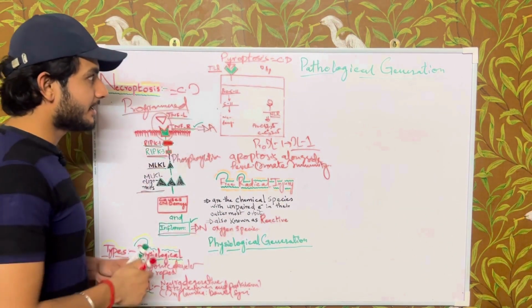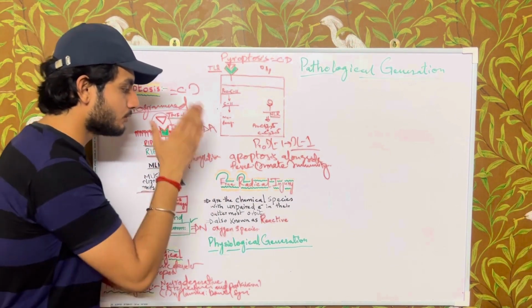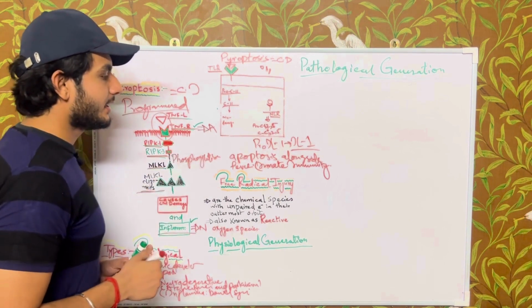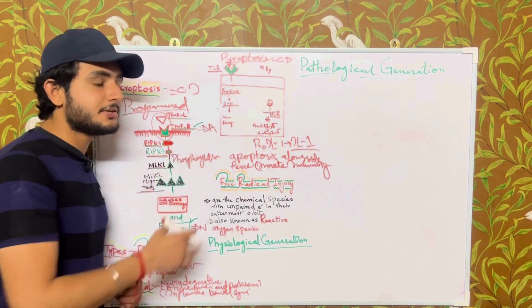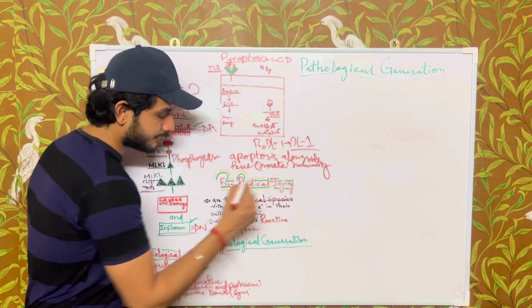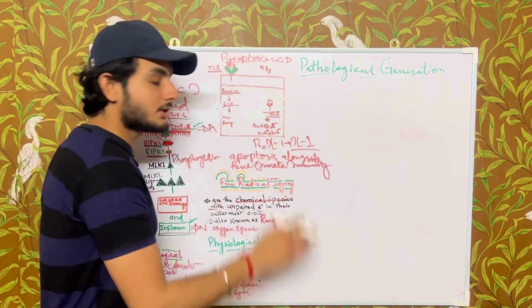Now we are done with programmed cell death. Now let's move to another topic, which is known as free radical injury. The question must arise in your mind, what is a free radical? Free radicals are chemical species with unpaired electrons in their outermost orbit.